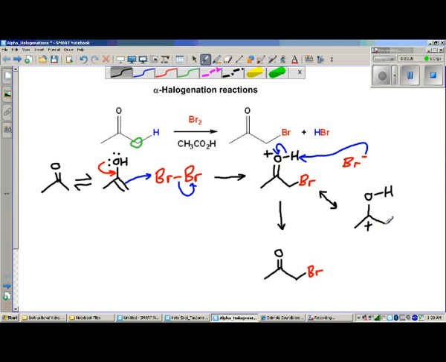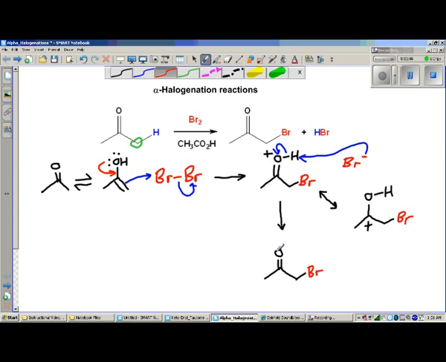The reason I didn't show this one was simply because I didn't want to confuse things any more than necessary. In this case, the bromine would attack the hydrogen, break that bond and stick it down onto this carbon-oxygen bond, forming the product. But if you can understand the arrows to get to here, then that's what you need to be able to understand. Okay, so that's the final product.